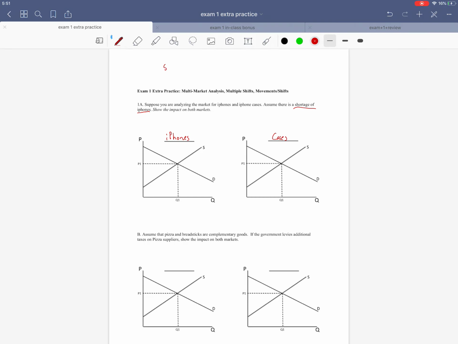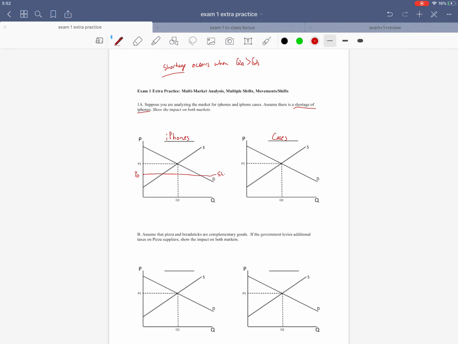Now, in our notes, we said that a shortage occurs when quantity demanded exceeds quantity supplied. Typically, in order to fix a shortage, you have to increase the price. So anytime there's a shortage, that means that the market price is set too low. Let's say we have our market price set down here.